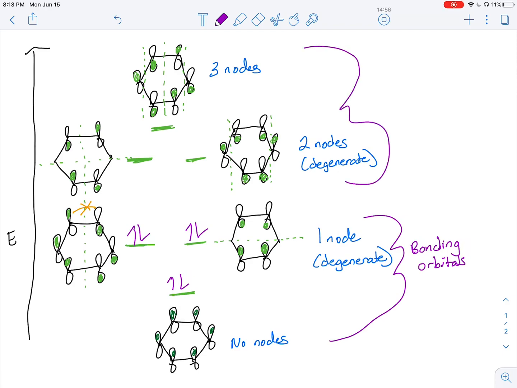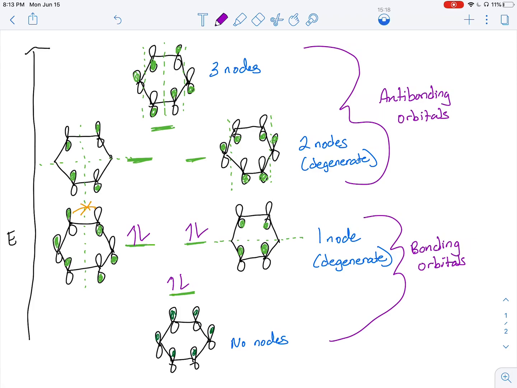These 3 up here would be called the anti-bonding orbitals, right? The anti-bonding orbitals. These are the ones that don't have any electrons in them, but if we were to put electrons into them, then we'd end up breaking bonds, right? We would end up breaking bonds here.